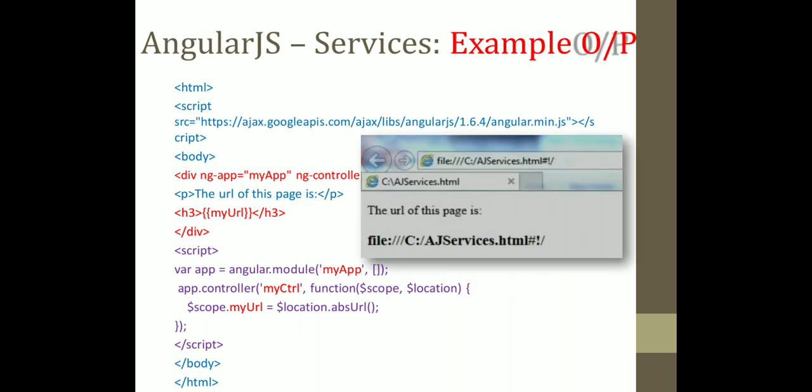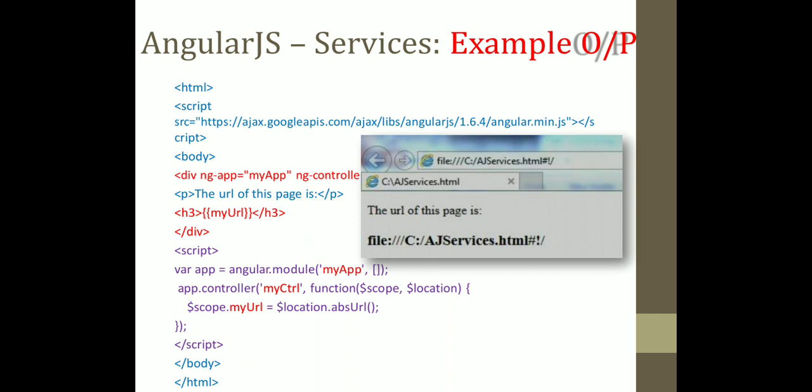So here the output will be like, the URL of this page is stored at file c ajservices.html. Okay, and the output is here, that we know the output will be at the place where expressions are written.